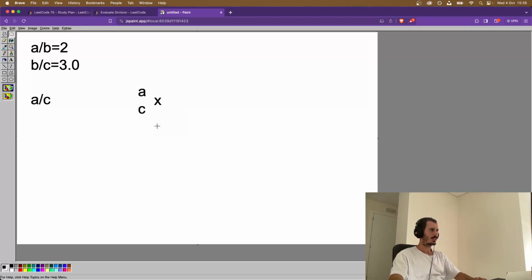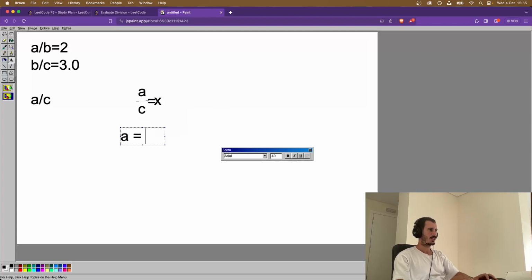We can say A divided by C equals X, and that will translate to A equals X times C. And that by itself will translate to A divided by B equals C divided by B times X.